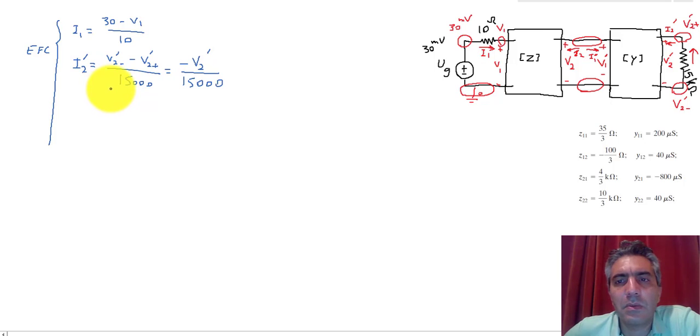So with those two equations, we are only left to write the equation for this port and that port. So let's move on. The equations for these two subsystems, that's what I meant. We treat each one of these subsystems as a component, and we use the Z parameters for this one and the Y parameters for the other one as the equations for these two components.